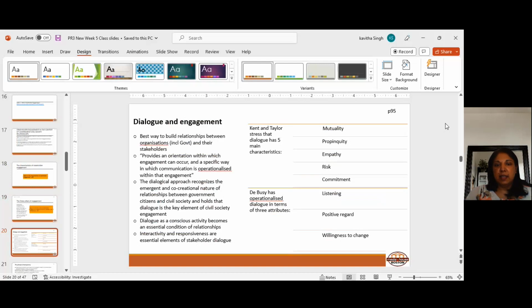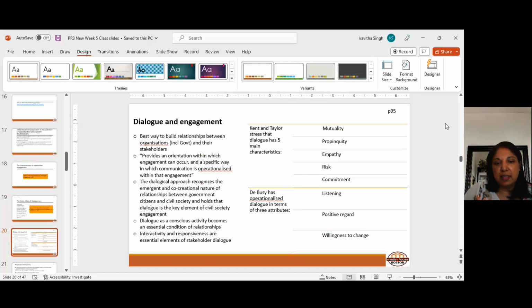So the dialogical approach recognizes the emergent and co-creational nature of relationships between government, citizens, and civil society and holds that dialogue is the key element of civil society engagement.